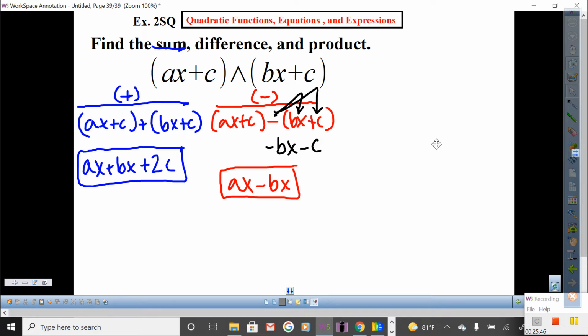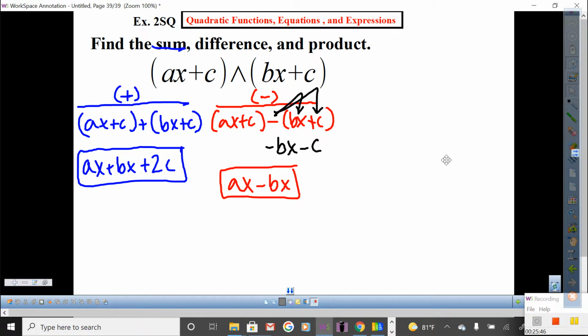So here goes a fun one. Product. What did you get for the product? Andy. abx squared plus c squared plus abcx.